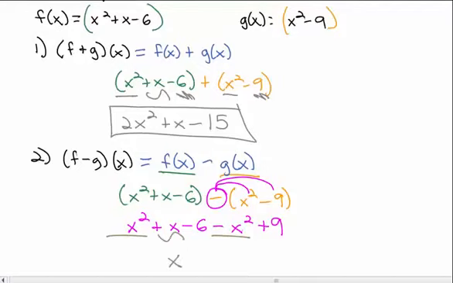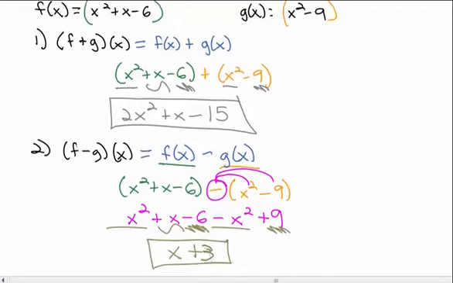We still have an x, and minus 6 plus 9 this time is a positive 3. And so we end up with this x plus 3 for our solution. So adding and subtracting, just adding and subtracting the parts.